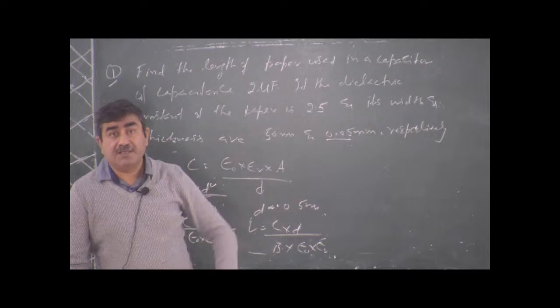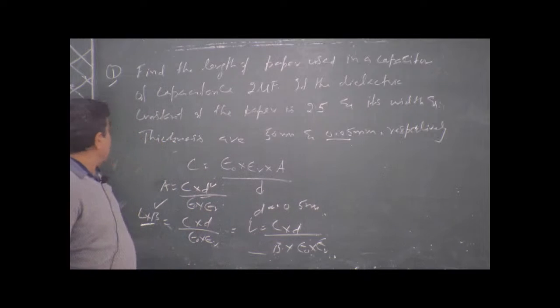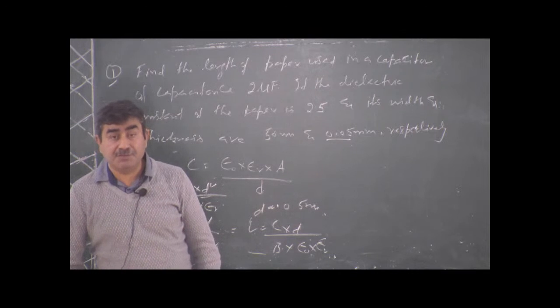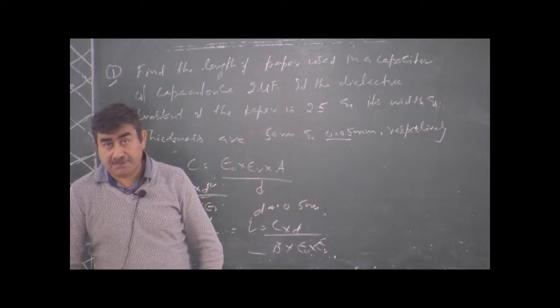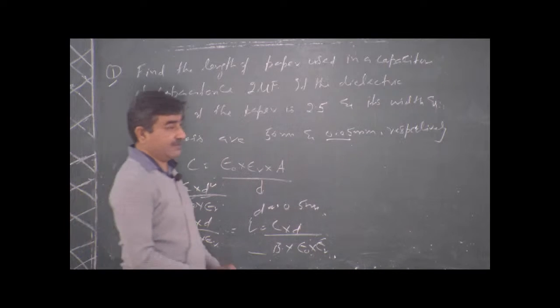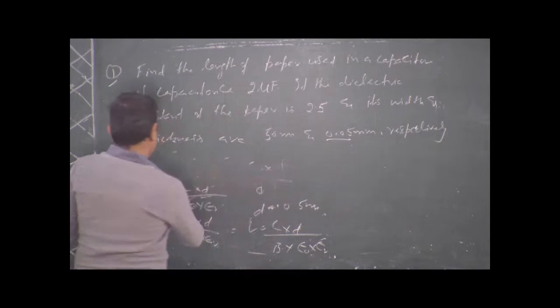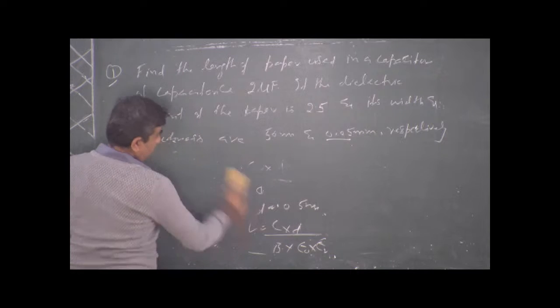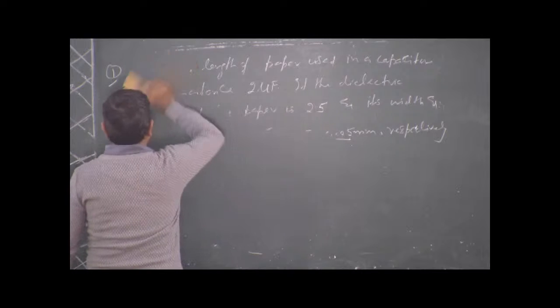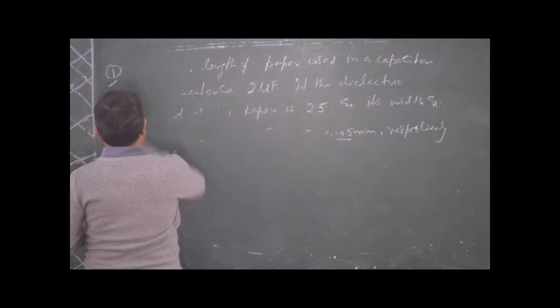So by putting these values in this expression, you can find the length of the paper used in a capacitor of capacitance 2 microfarad. कर लेंगे? I think you can do it. Okay. This was question number 2.